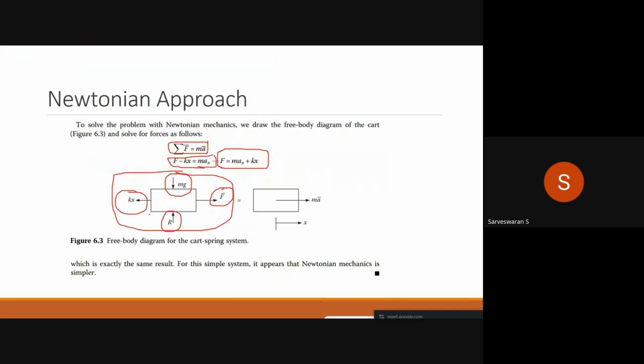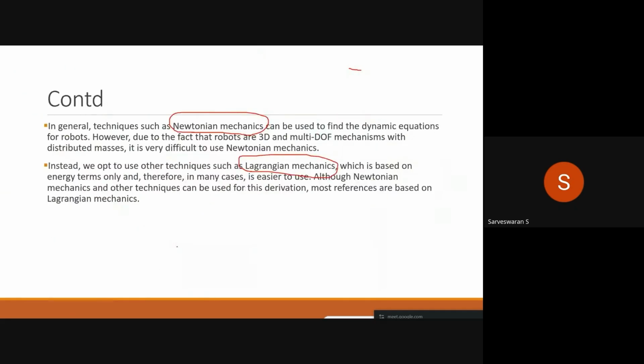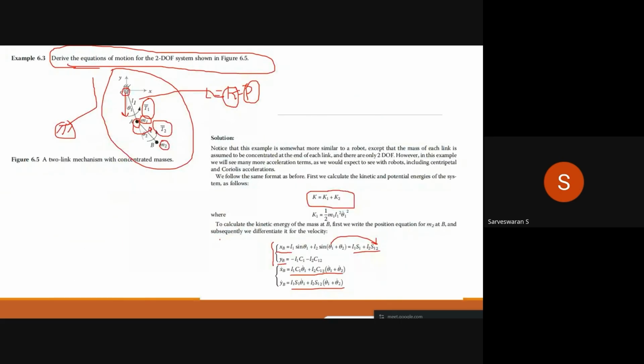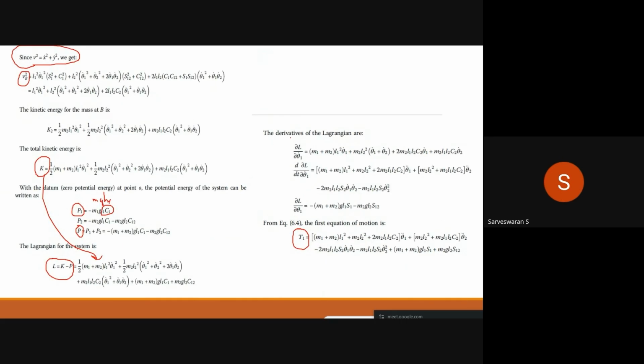Next, using the common formula that I told you, tau is equal to d by dt of dou L by dou theta dot minus dou L by dou theta. So we have to use dou L by dou theta dot, and the time derivative of this will provide you the value, and dou L by dou theta.